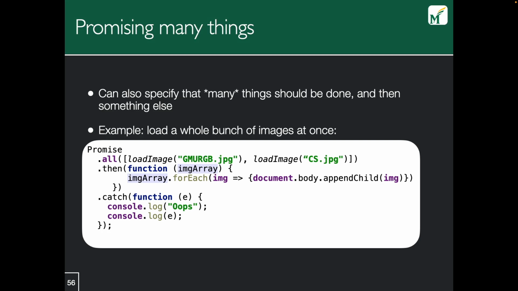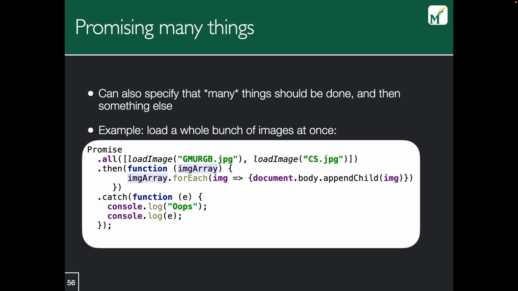But remember, one of the things that we said we wanted, in being able to manage these asynchronous calls, was being able to wait for a lot of things to finish all at once. So promises actually do give us this ability. So let's say we wanted to fetch a bunch of images and then display them all at once on a UI for some reason.